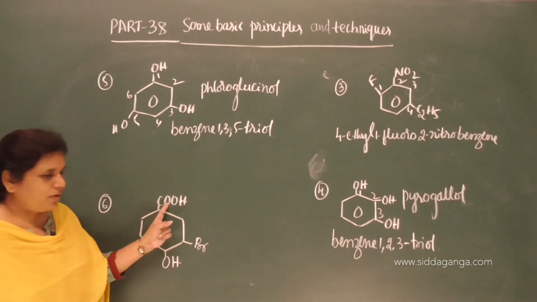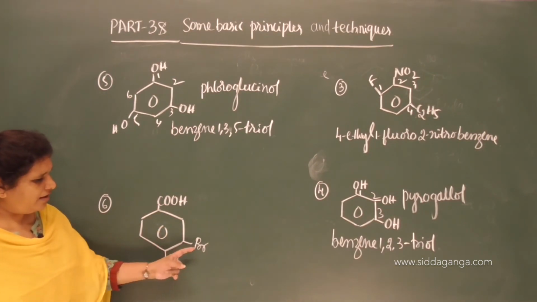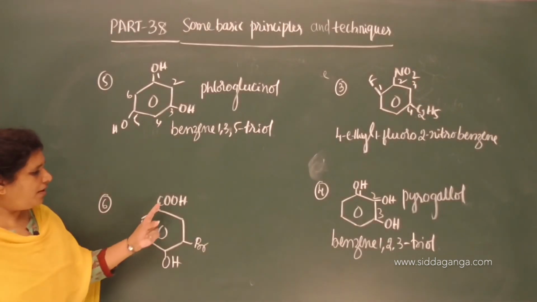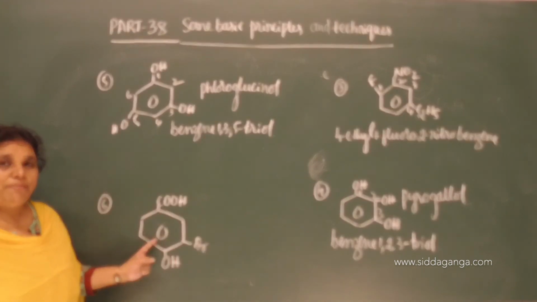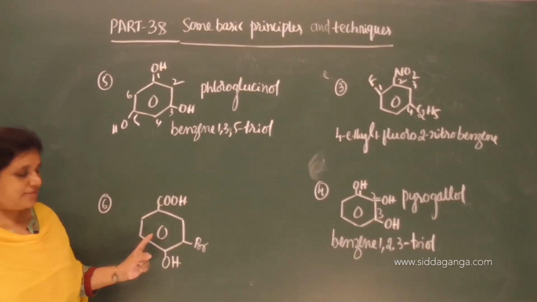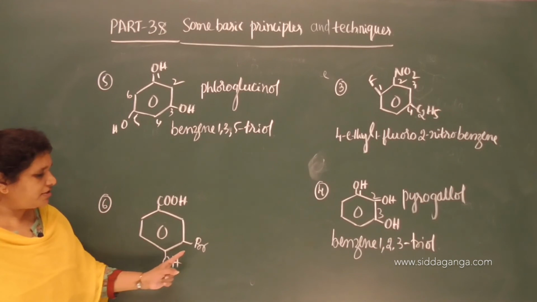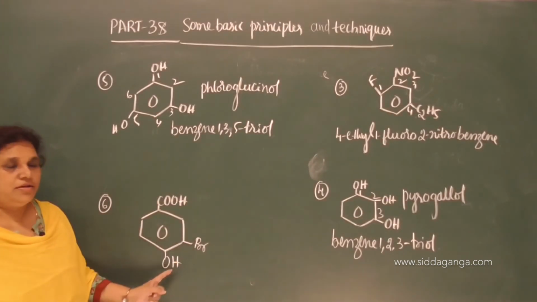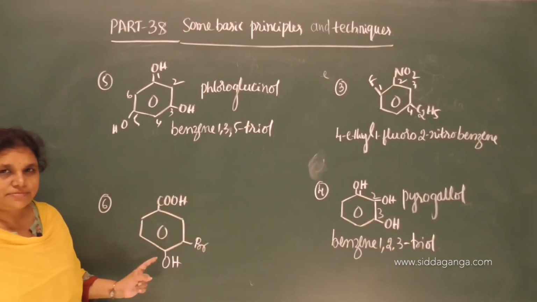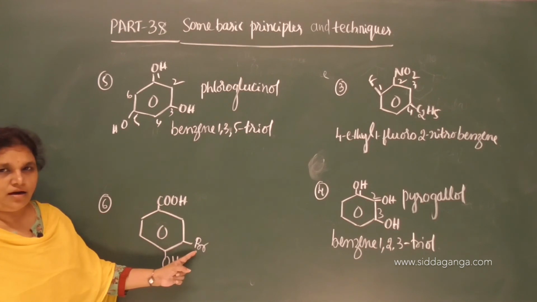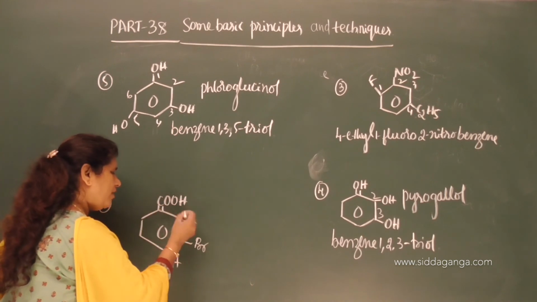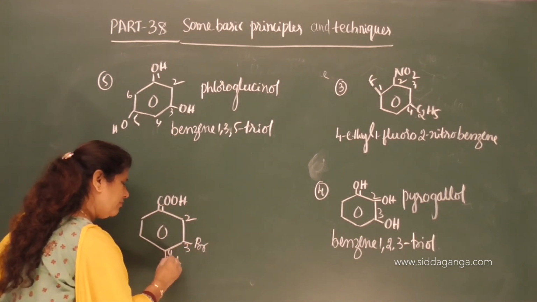Now COOH group is there, OH is there, bromine is there, in which we need to give the preference to COOH. Now we need to take the root word as benzoic acid or benzene carboxylic acid. Benzene carboxylic acid gets substituted with OH and Br. So we need to give the prefix for these two. Hydroxy is the prefix because now it acts as a substituent, correct? And this is Br, bromo. Now give the number 1, 2, 3, 4.